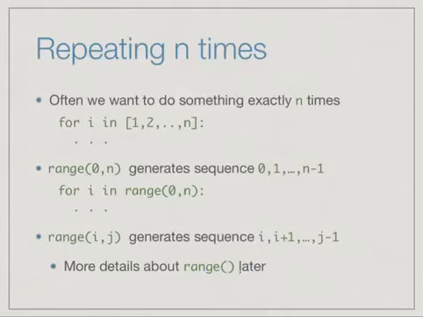So we can also have range functions which count down, and we can have range functions which skip a value. We can do every alternate value and so on. We will see these variations on range a little later. But for now, just note that we can either have a for statement which explicitly goes through a list of values. So we can give a list and ask for to go through each value in that list. Or we can generate a sequence of n values by using the range function.